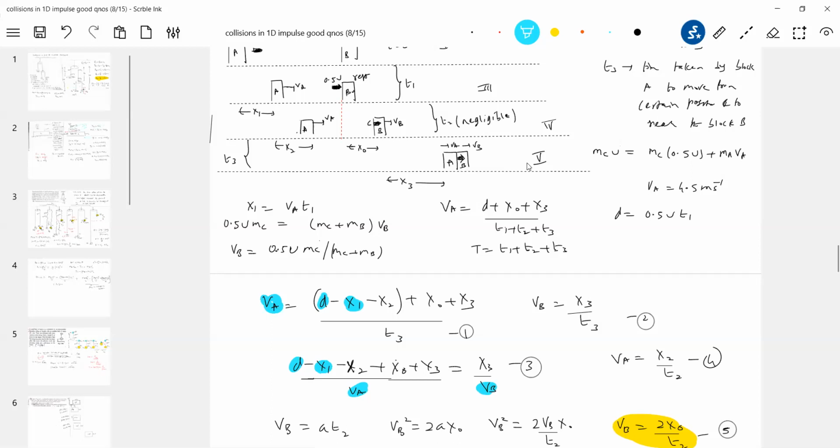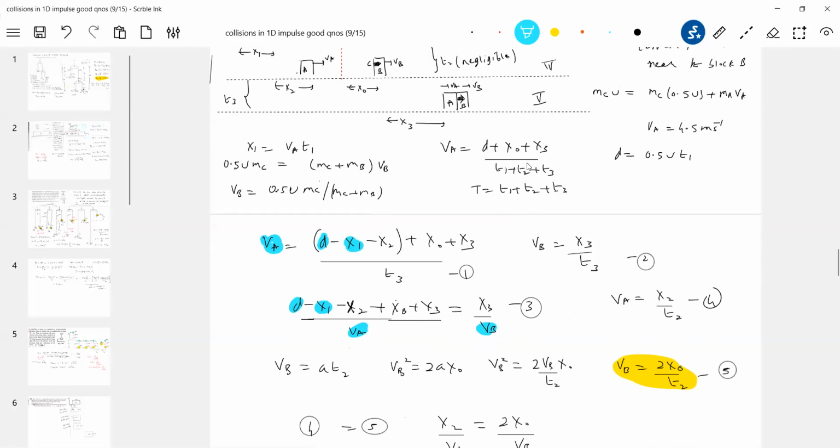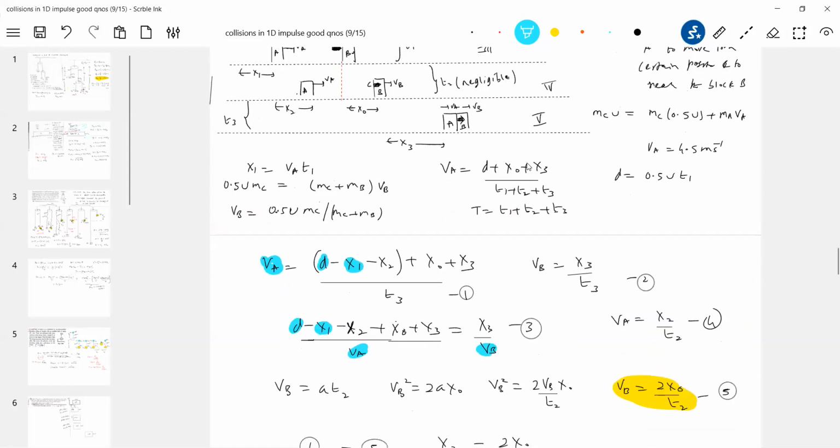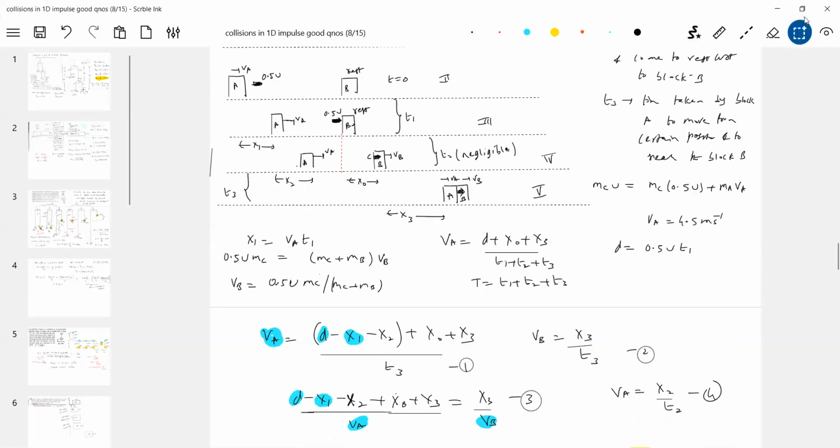We have already VB equal to x3 by T3. So I'll take the fourth and the fifth diagram.